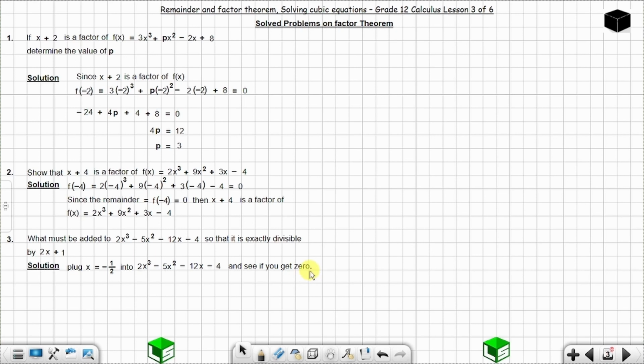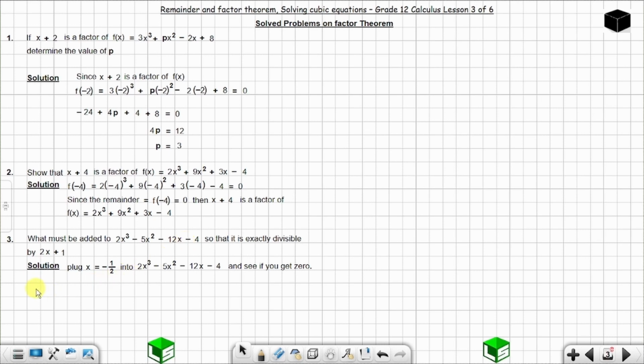Obviously, you are not going to get 0 because they want you to add a number first in such a way that you get 0. Exactly divisible means the remainder is 0. So you plug negative 1 over 2 into this, see what you get, and from that, you add a number so that you get 0.